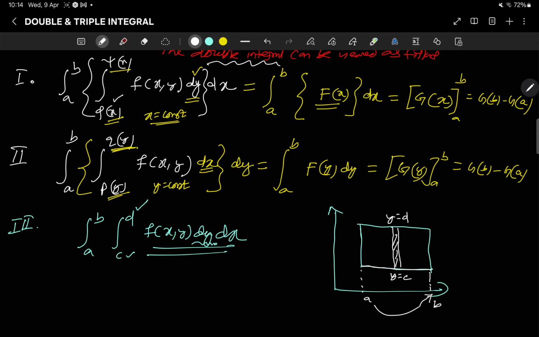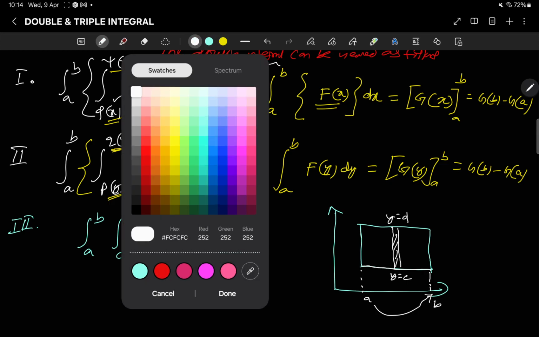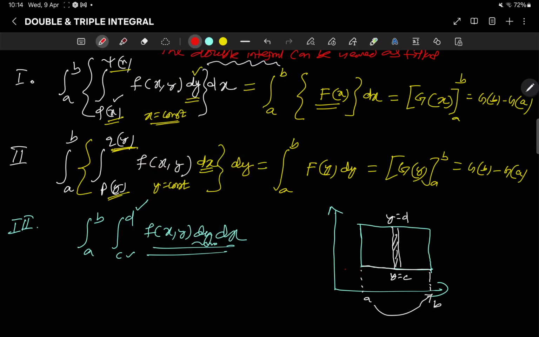Now if you think of the coordinates, these points will be: x-axis a, y-axis c; x-axis b, y-axis c; x-axis a, y-axis d; and x-axis b, y-axis d.